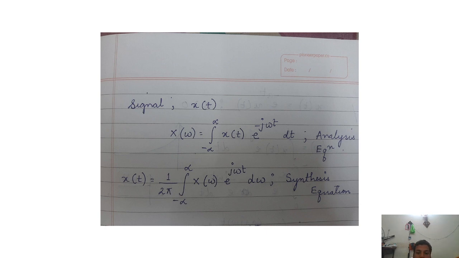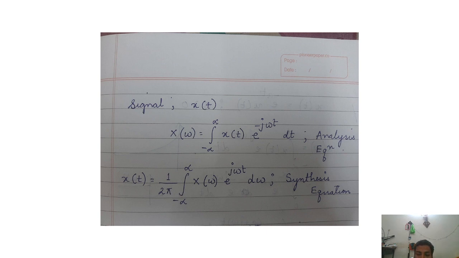Now, for example, we have the Fourier transform signal X(omega) with us, and our objective is to find the time domain signal, or the original signal, from the Fourier transform signal. The signal x(t) can now be defined as 1 by 2 pi times the integral from minus infinity to infinity of X(omega) e^(j omega t) d omega.